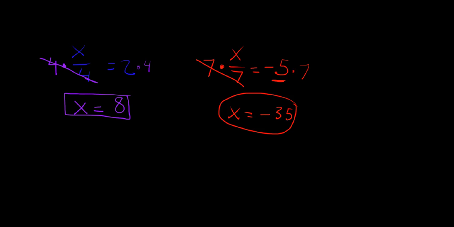Okay, let's go ahead and try another example. So this one is going to look a little bit different. So this is going to be more for my advanced students. So 2/3 of x equals 6. Now, I'm going to go ahead and think about it. It can be a multiplication problem. It can be a division problem.